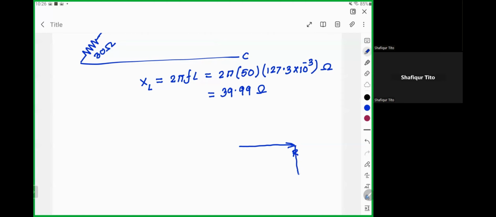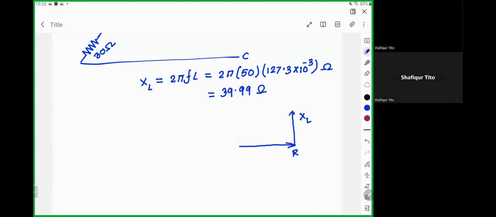No, this will be upward direction because it is R plus JXL. So we will have this one in the upward direction. So this will be XL.